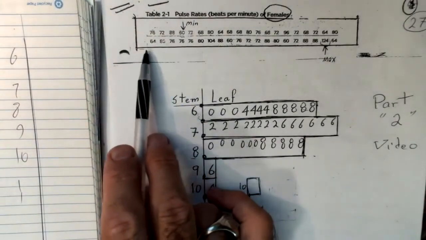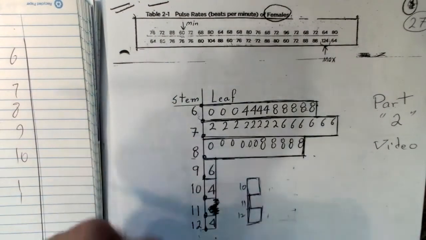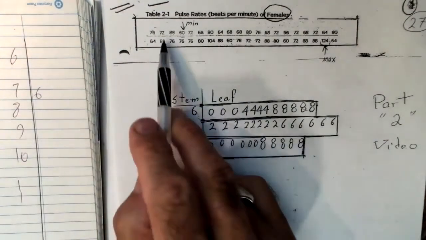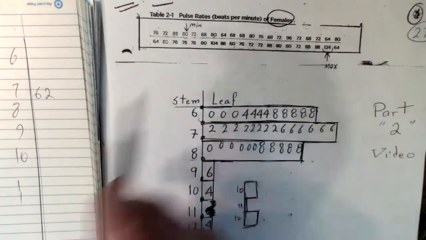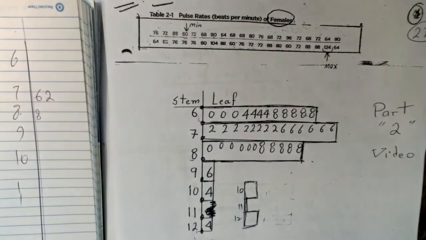The first one is 76, right? So I'll put 6 here. The second one is 72, so I put 2. Then it's 88, then I'll put 8 here.